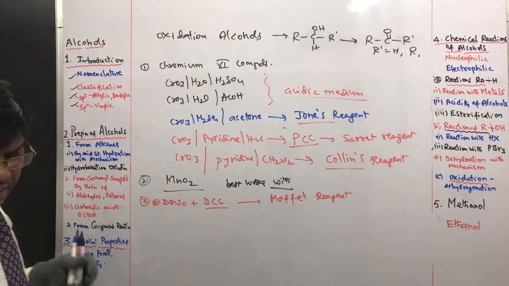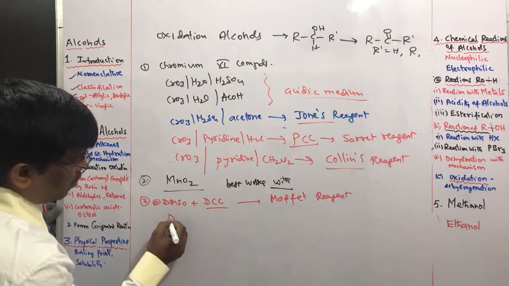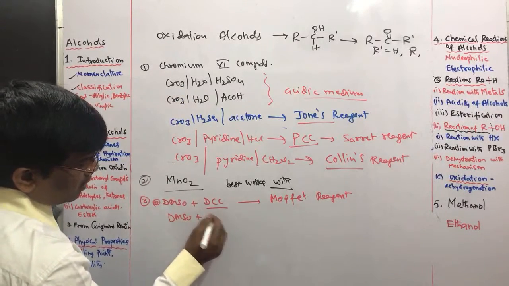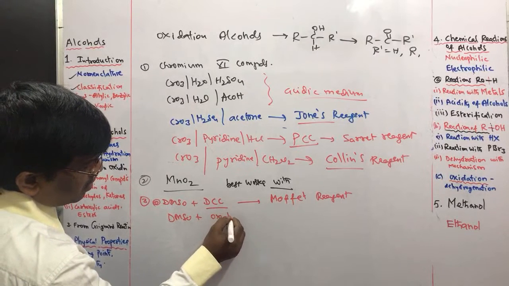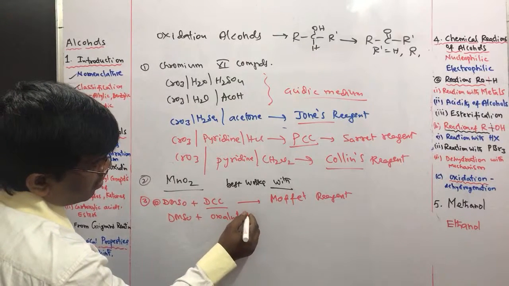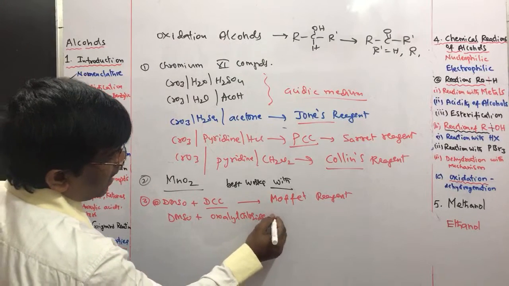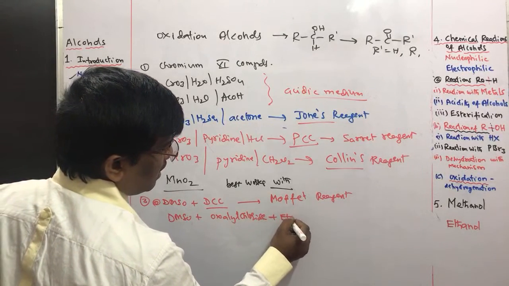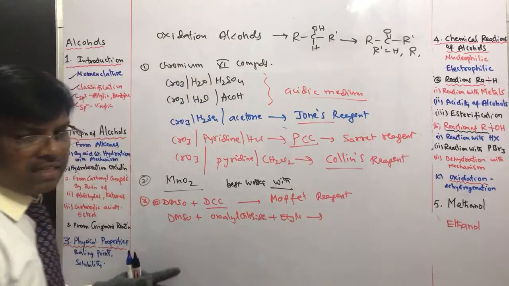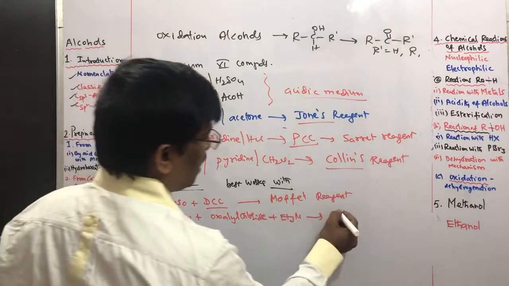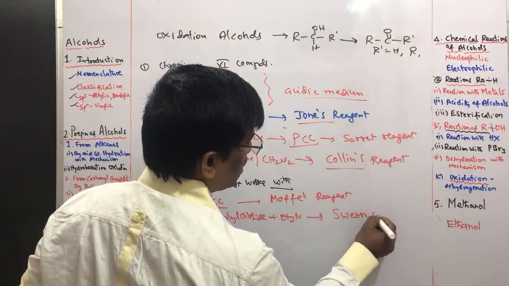In this category, if I use DMSO with oxalyl chloride plus a base, let us take triethylamine, this is known as Swern oxidation.